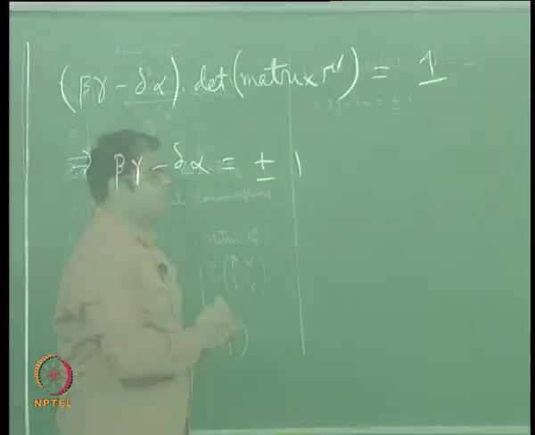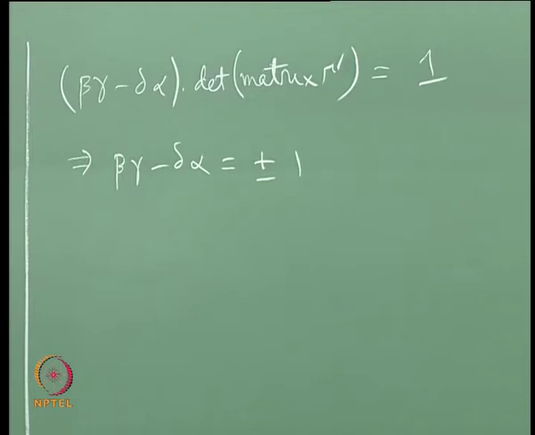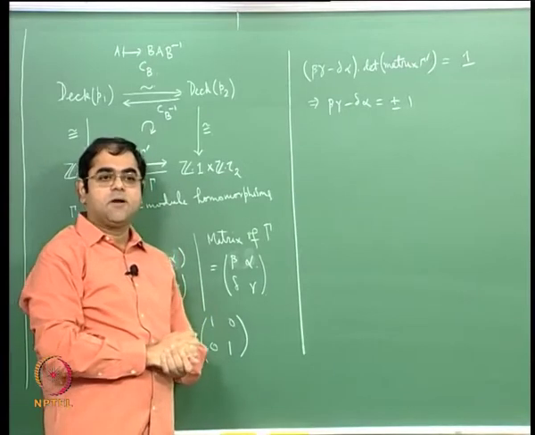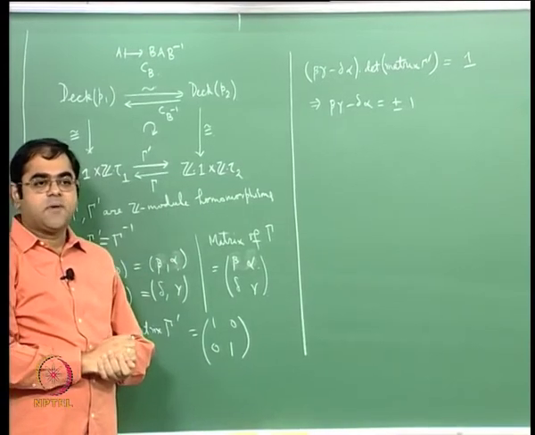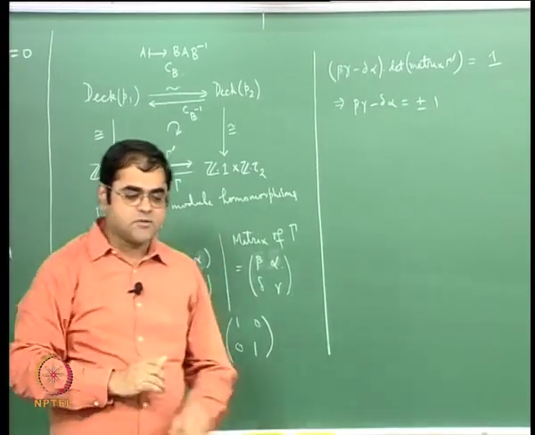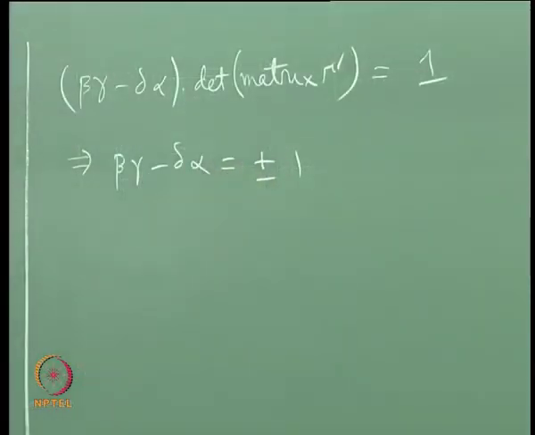Now of course one can rule out the case that beta gamma minus delta alpha is minus 1 because of the condition that tau 1 and tau 2 have imaginary part positive, that is because of the following calculation, so let me write that down.